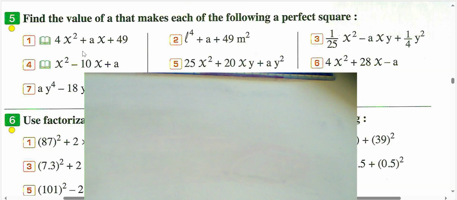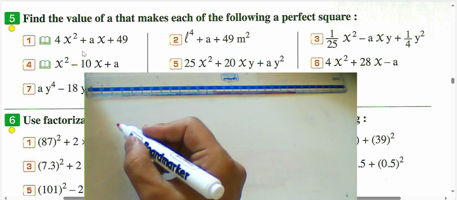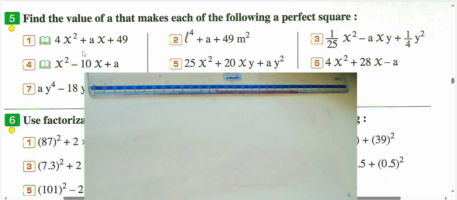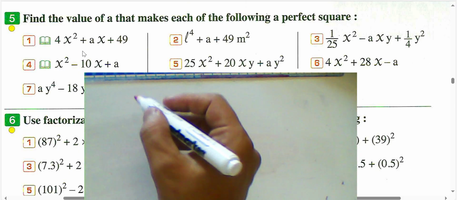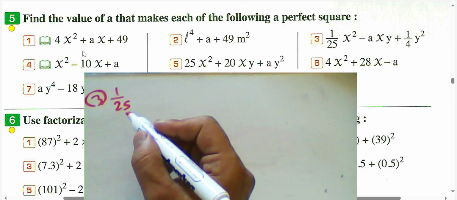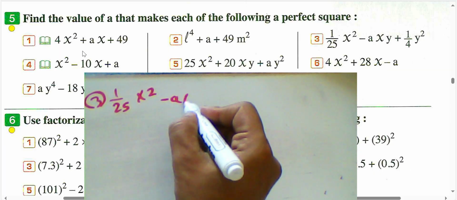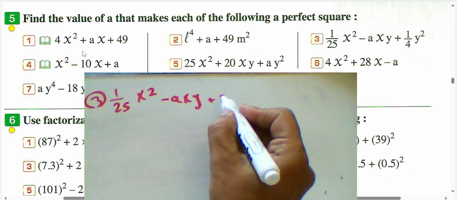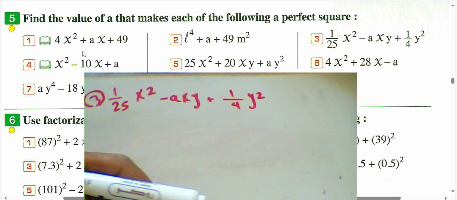Next, question number 3. 1 over 25 x power 2 subtract axy plus 1 over 4 y power 2.